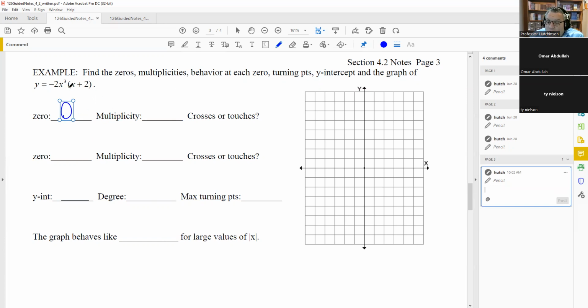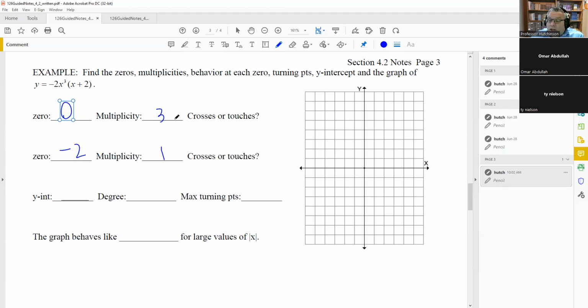The second one, the part that makes it equal to 0, is going to be negative 2. Now I want the multiplicities attached to each factor. The first one, on the x, has a multiplicity of 3. On this one, there's no power, which means it has a multiplicity of 1.